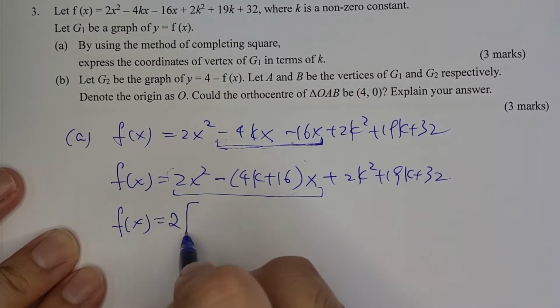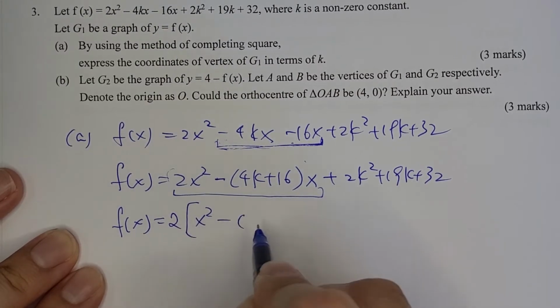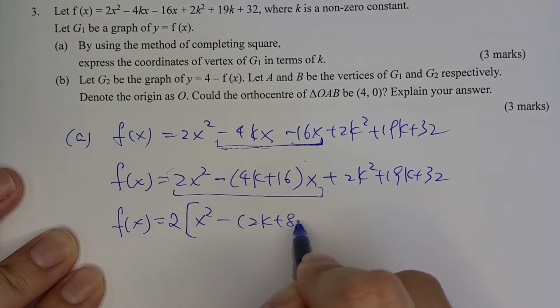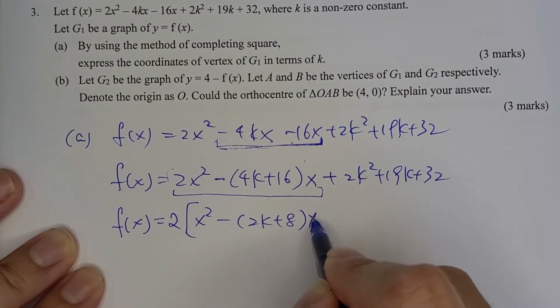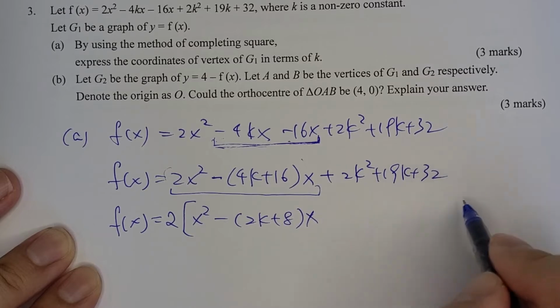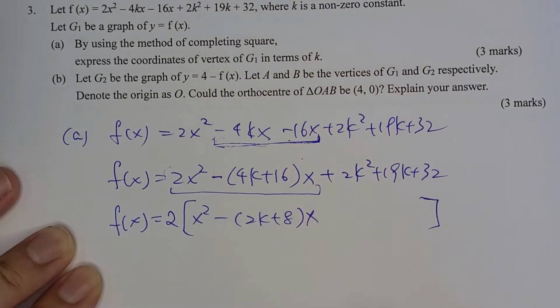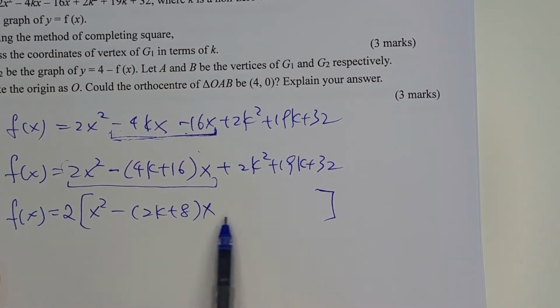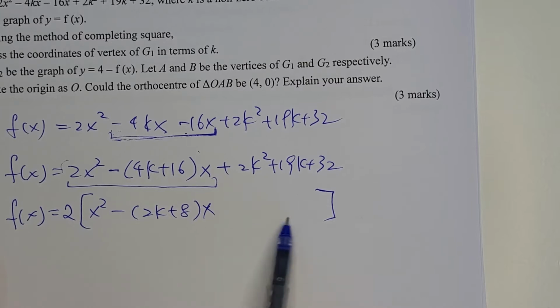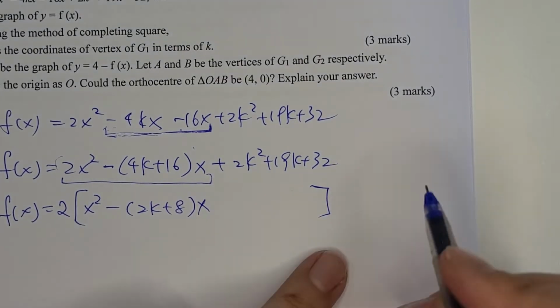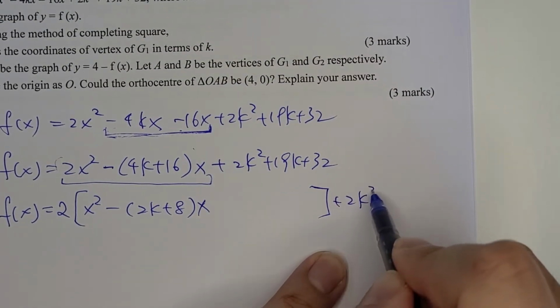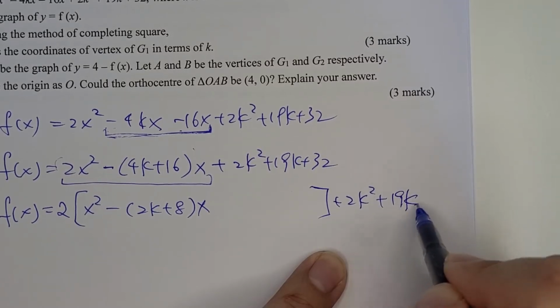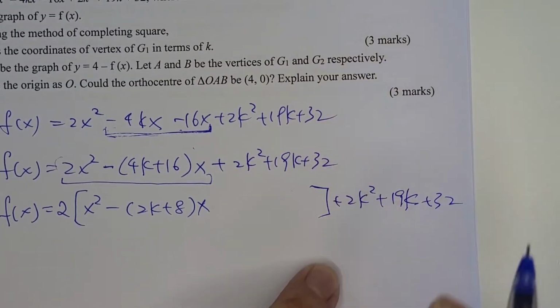So 2 bracket x squared minus 2k plus 8 and then x, and then close bracket. Because you need to add something and minus something in here, leave some space here. And then plus 2k squared plus 19k plus 32.